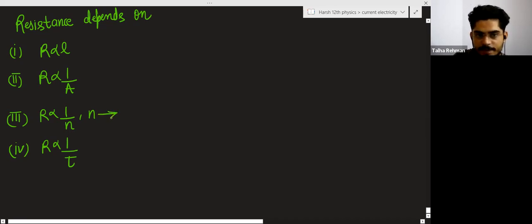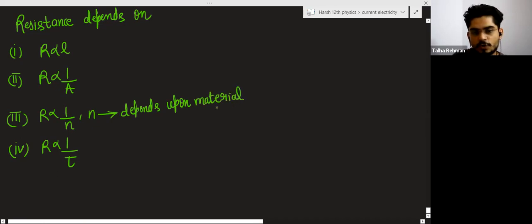This n depends upon material. For copper the value of small n is different, for silver the value of small n will be different. And this relaxation time depends on temperature.